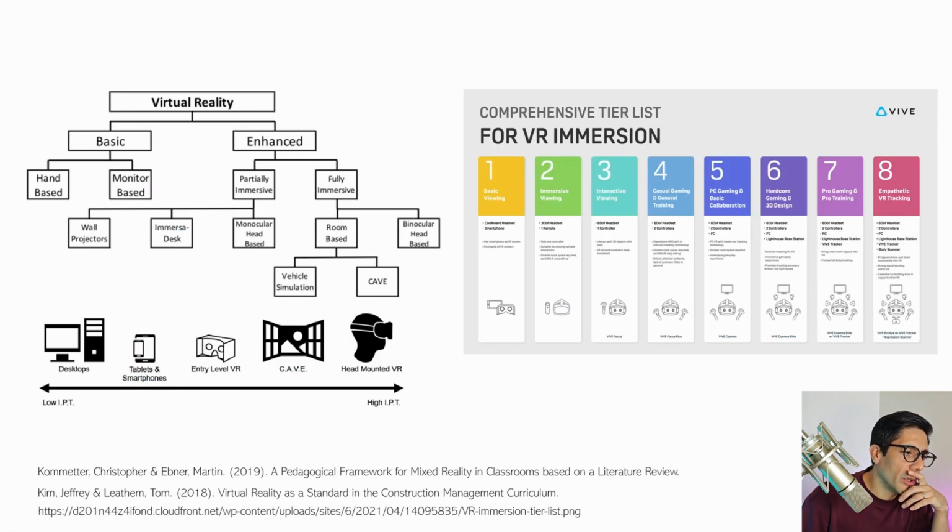Now, when we talk about virtual reality in terms of immersion, we have many types, right? We have desktop systems, we have tablets, smartphones, right? Entry level VR, which, I don't know, the first devices were Google Cardboard and other things. Then we have CAVEs, which are actually spaces with projectors where people are fully immersed, and sometimes you need to wear glasses to get the first person perspective, right?